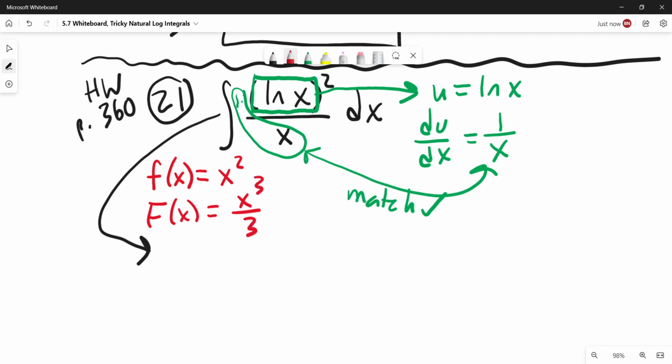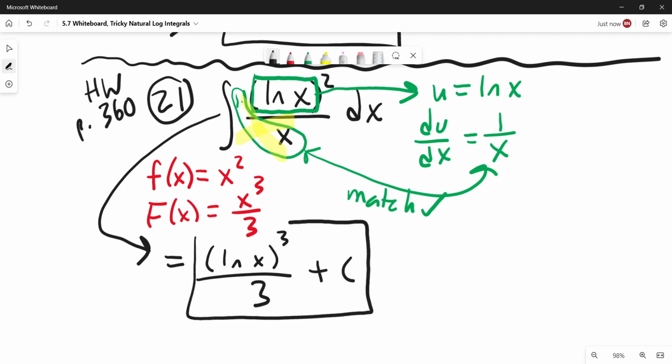Blop cubed over 3. So that means, again, the 1 over x goes away because that gets absorbed. So we have our blop cubed over 3, but we plug in our blop, which is our ln x, so we have ln x, all that cubed over 3 plus c.